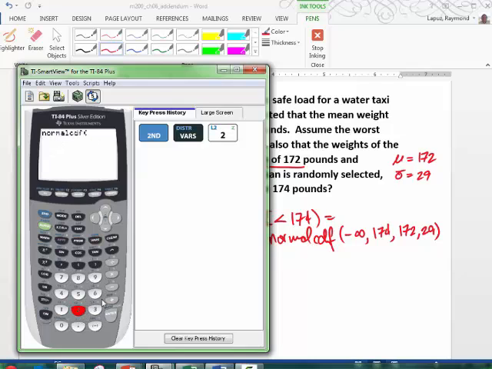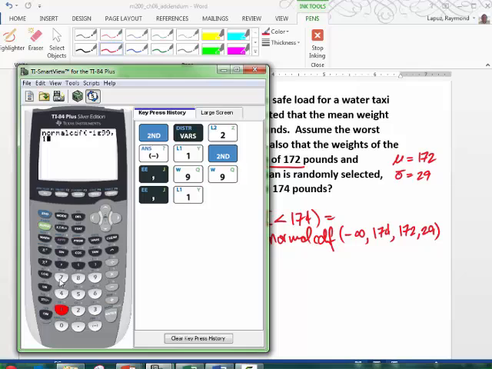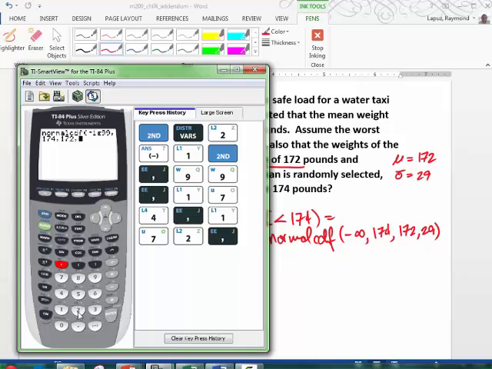Then we put negative infinity, so that's minus 1, and then E to the 99, which is going to be a really large number in the negative direction. We have a comma, we put 174, and then a comma, our mean is 172, and our standard deviation is 29. Okay, so after all that, it looks like the probability is 52.75%.